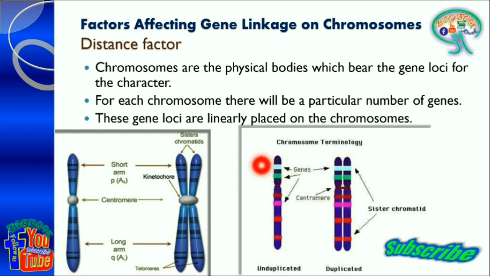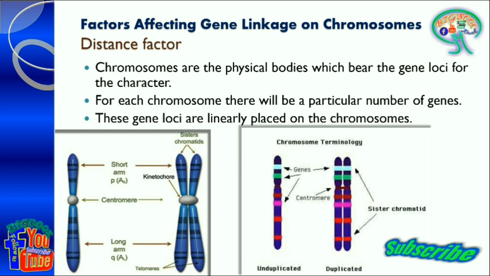So here the genes are arranged linearly in each arm, here, here, here, here, in different colors. In sister chromatids also, when the parental chromosome duplicates, the sister chromatid also has the same genes, similar genes duplicated on both the arms P and Q.